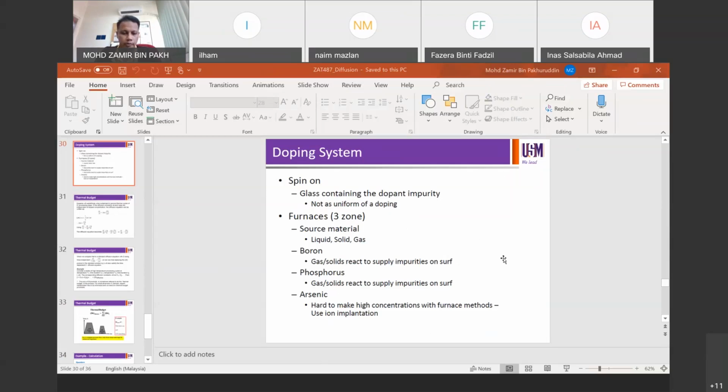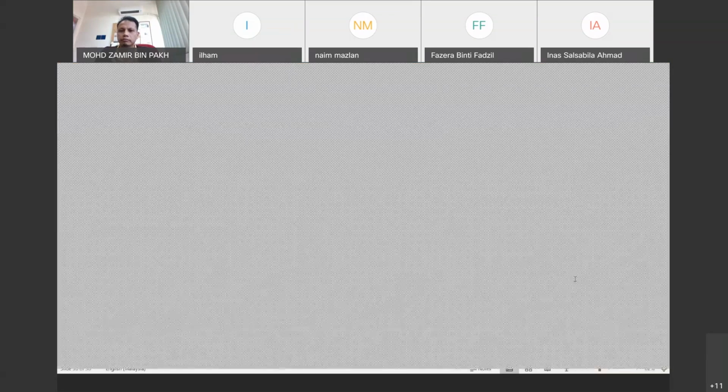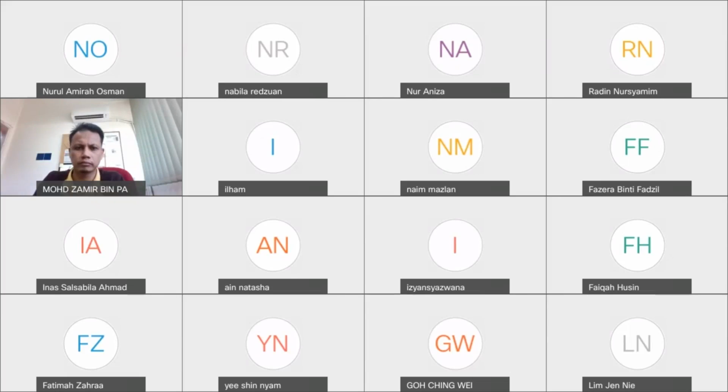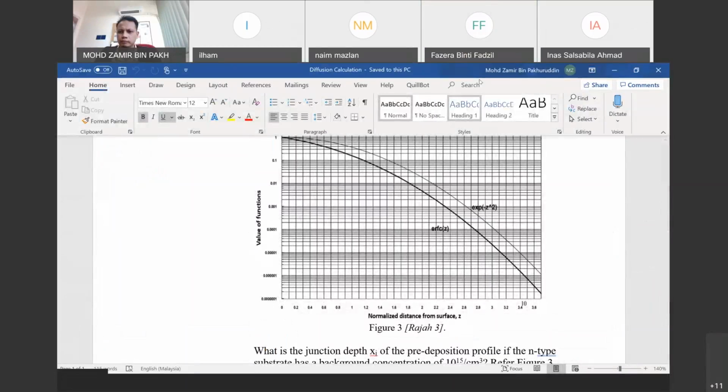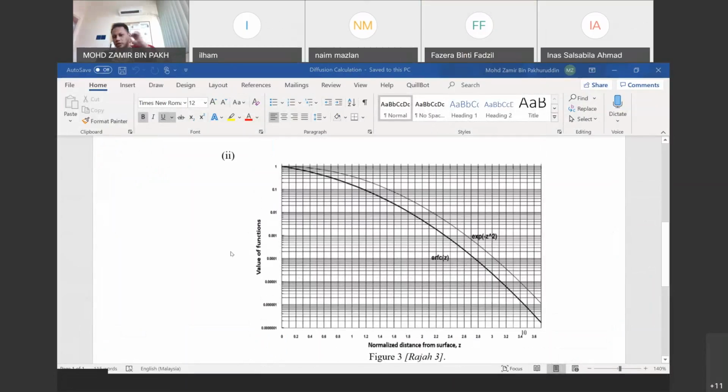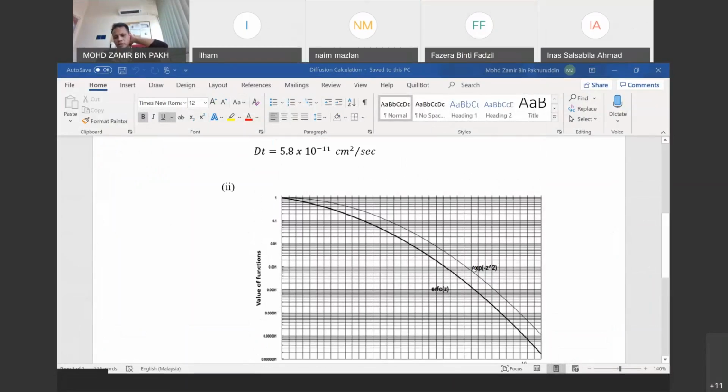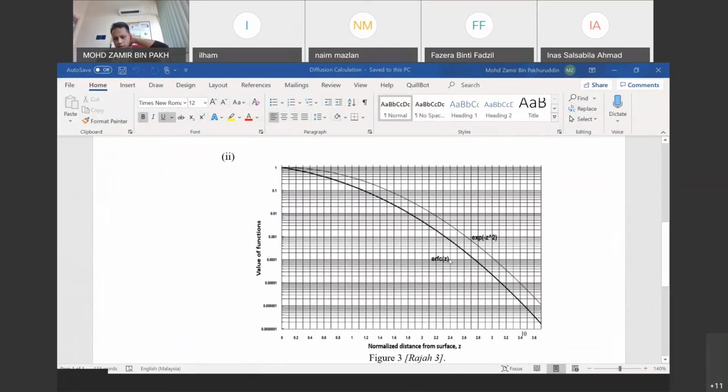3.3 is here. Okay, let's show you my Word file. Okay, can you see the Word file? Nampak tak? Okay. So this is the graph. So the right hand side is the Gaussian, the left hand side is the error function.